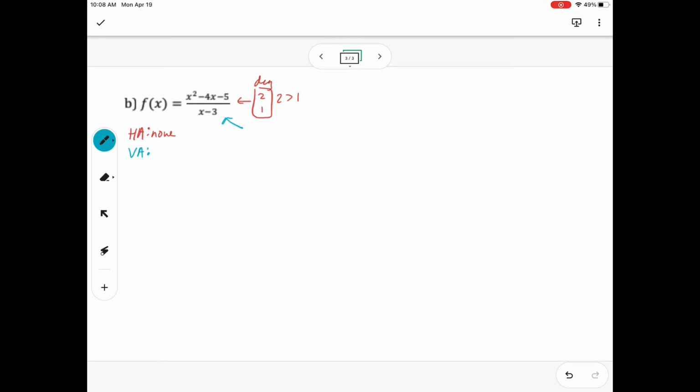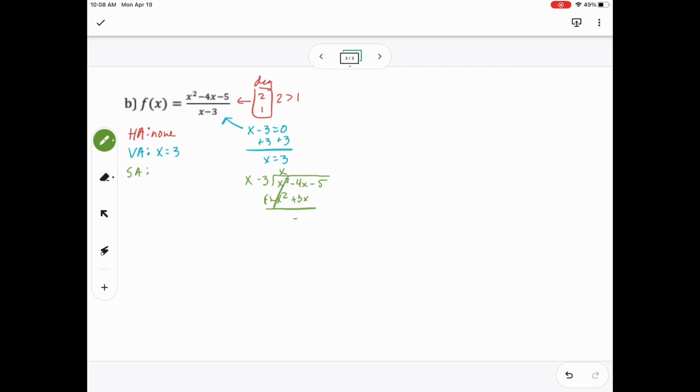Just so you know, for this video, I probably should have factored the numerators first before I started defining what degrees everything were and finding the vertical asymptote, to make sure that there weren't any holes. But usually if you just have one factor in the denominator, it's not going to matter because you're probably not going to have a hole with one factor in the denominator. It's probably just going to be a vertical asymptote. So I get x equals 3 as a vertical asymptote.